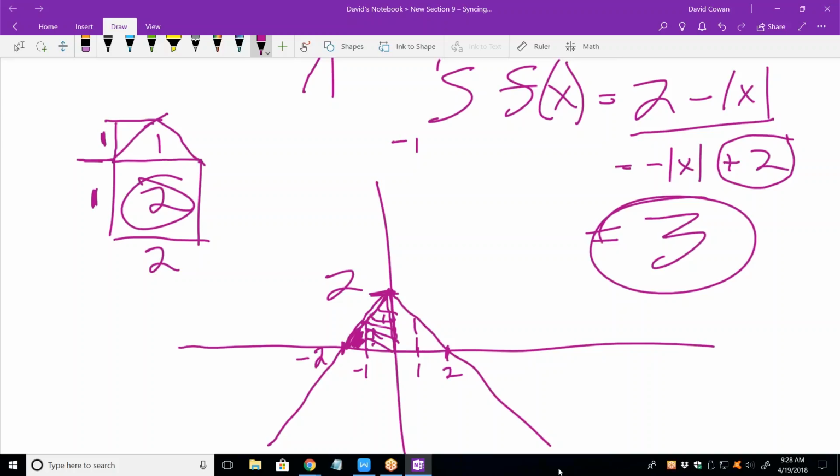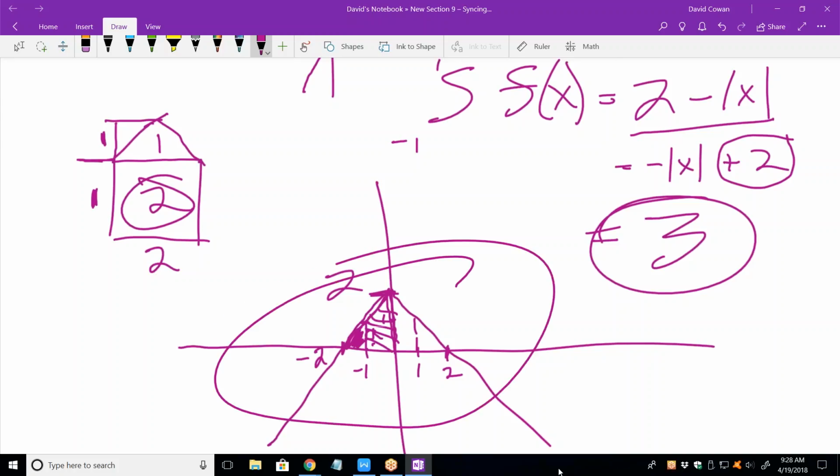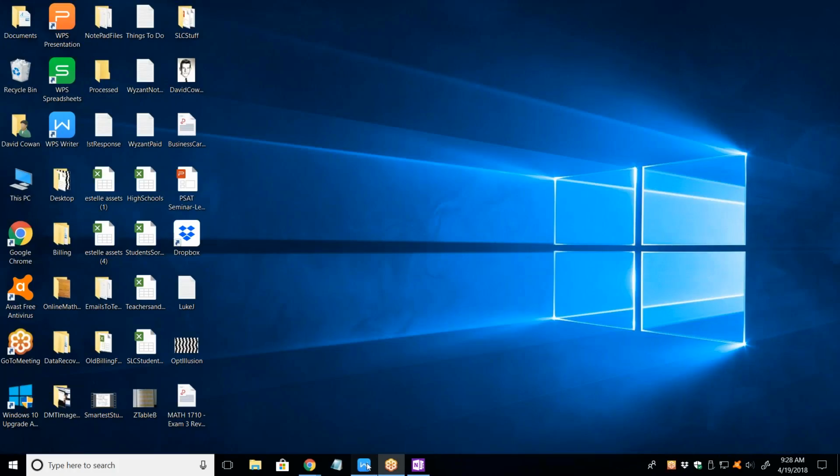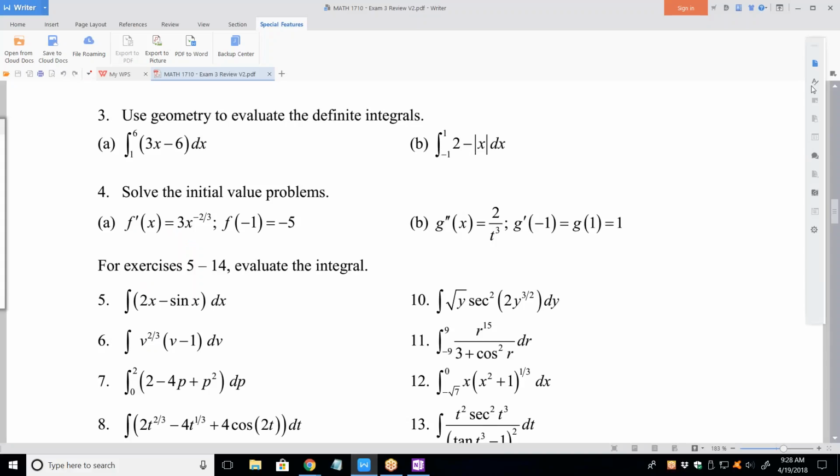In other words, this area that I've drawn vertical slashes through is going to be 1.5. So there's a few ways to use geometry once you get the figure drawn, but the answer is always to get that figure drawn. Okay. Let's take a quick peek and make sure that's the right answer. 3B.